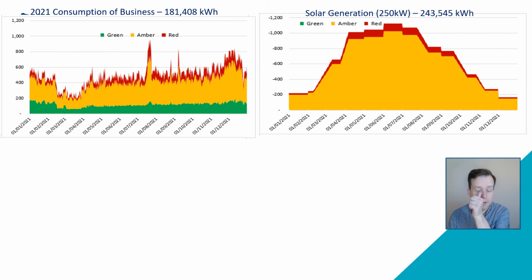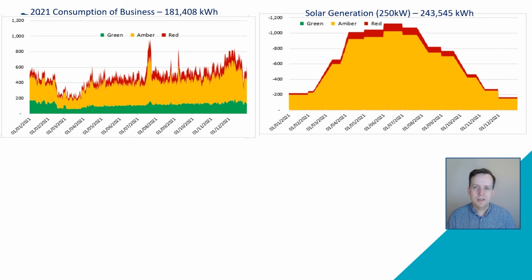So solar generation. For this golf club, we're considering a ground-mounted solar of potentially 250 kilowatt capacity, which broadly equals 243,000 kilowatt hours per year.